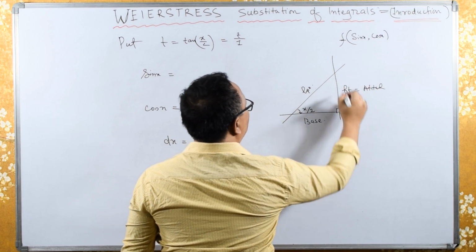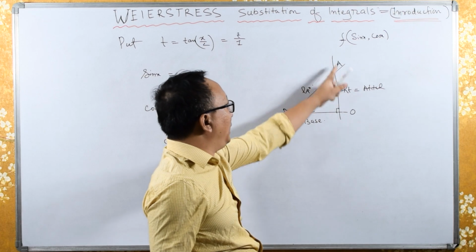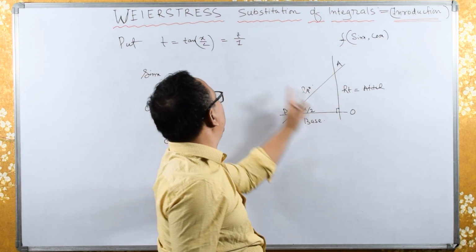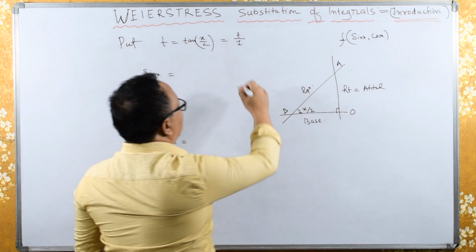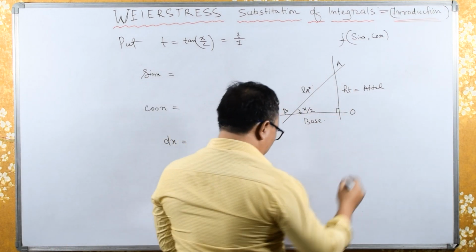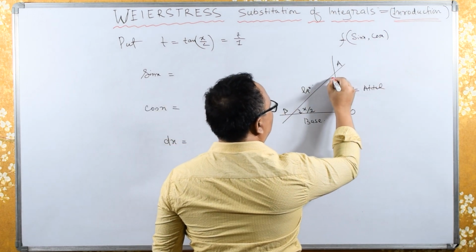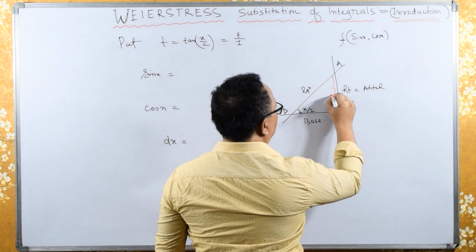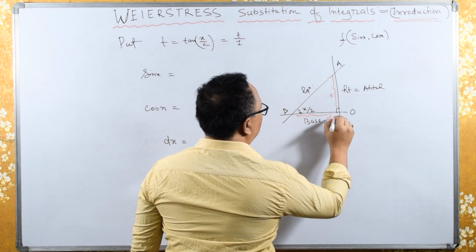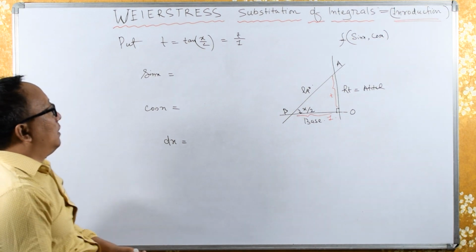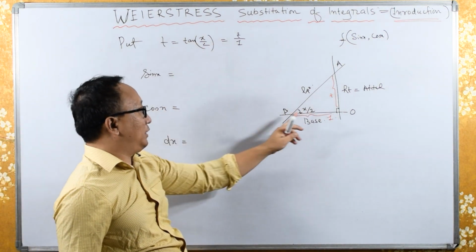For example, in triangle OAB, OA upon OB is tan x by 2. It means the length of this side will be t, and this side will be 1. This upon this is tan of x by 2, this angle.